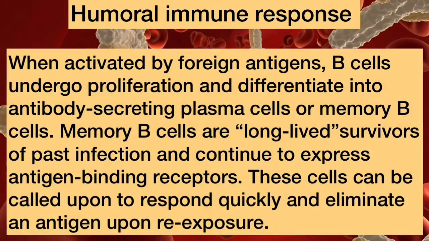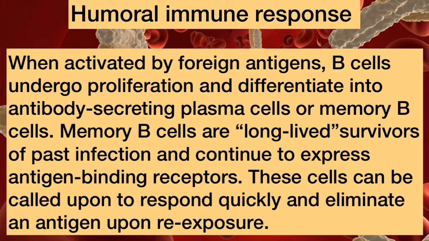When activated by foreign antigens, B cells undergo proliferation and differentiate into antibody-secreting plasma cells or memory B cells. Memory B cells are long-lived survivors of past infection and continue to express antigen-binding receptors.